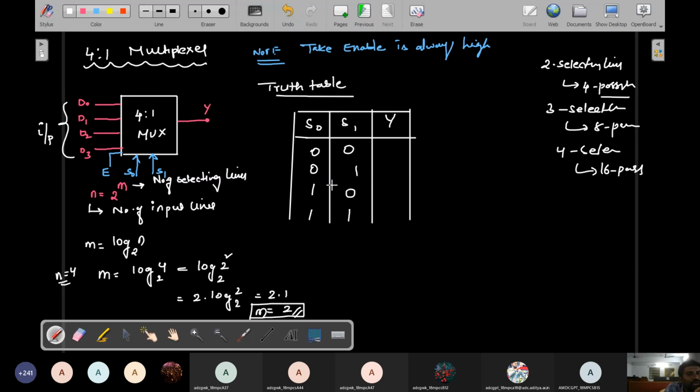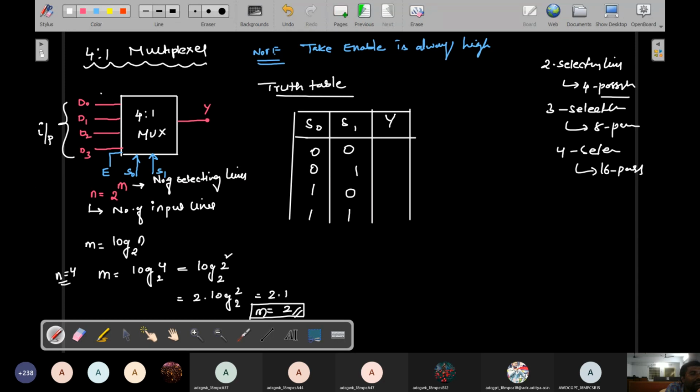First possibility: if you apply both selecting lines as 0, 0, what will happen? The enable is always at high condition, so I'm not representing the enable terminal in this truth table. If both inputs are 0, 0, your output is selecting here.